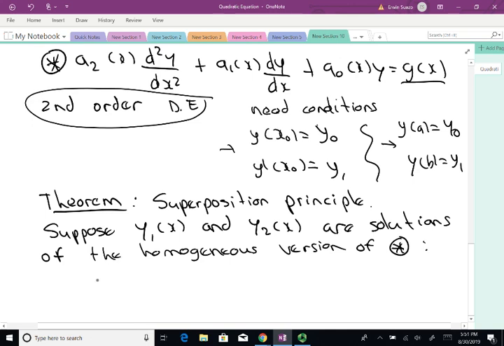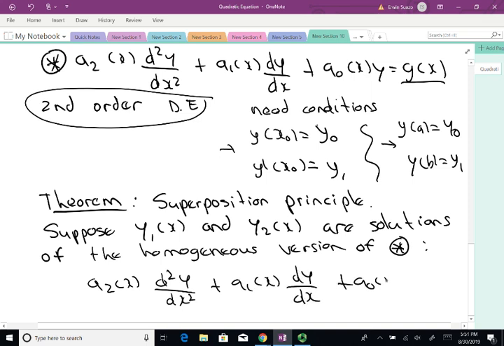So my equation is a2 of x second derivative plus a1 of x dy dx plus a0 of x y equals 0.